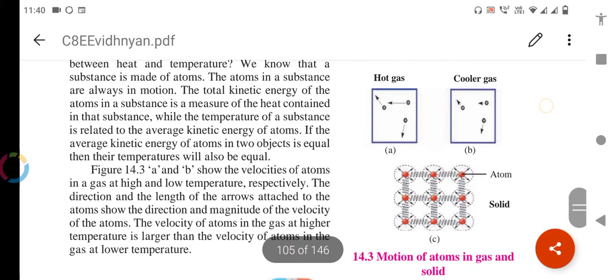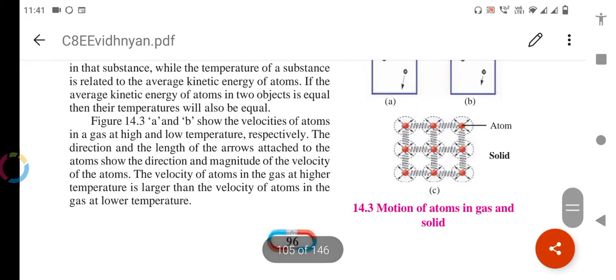देखो इधर फिगर दिया है. You have to observe the motion of atoms in gas and solid. ठीक है. इसमें दिया है, shows the velocity of atoms in a gas at high and low temperature respectively. The direction and the length of the arrow attached to the atom show the direction and magnitude of the velocity of the atom.